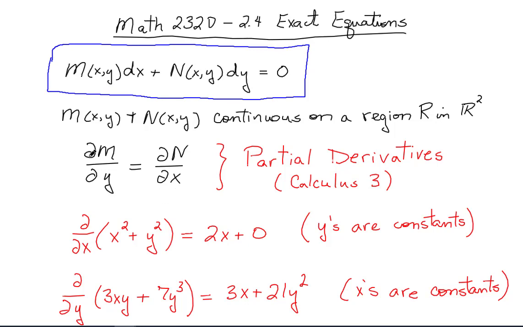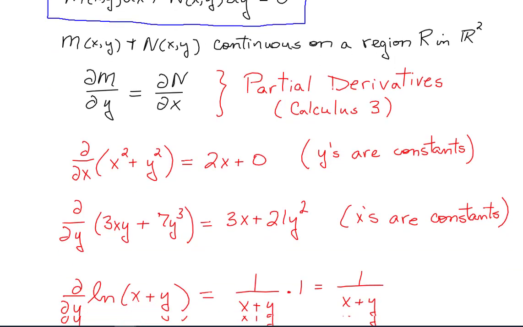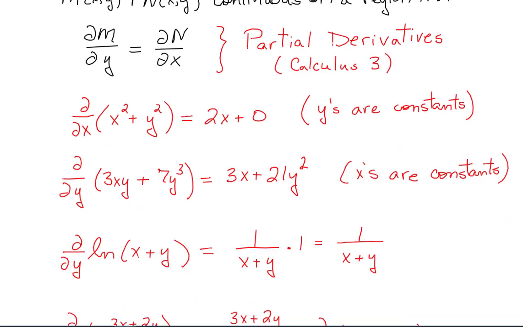And so these symbols are partial derivatives. So let's see what that is. It's like a normal derivative with some modifications. So for example, the partial derivative with respect to x of x squared plus y squared.